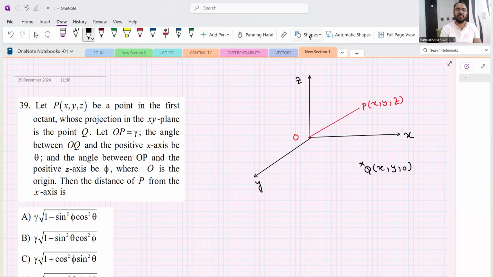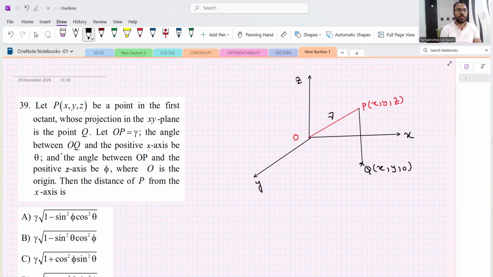So we take (x, y, 0), if we assume that this is the x-axis, this is the y-axis, this is the z-axis. Now what is the next one? OP is equal to gamma. This length is gamma.